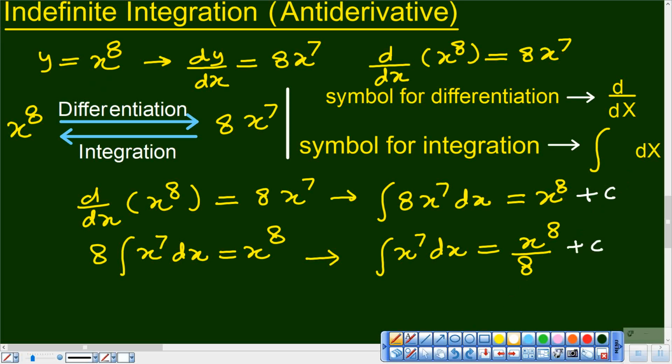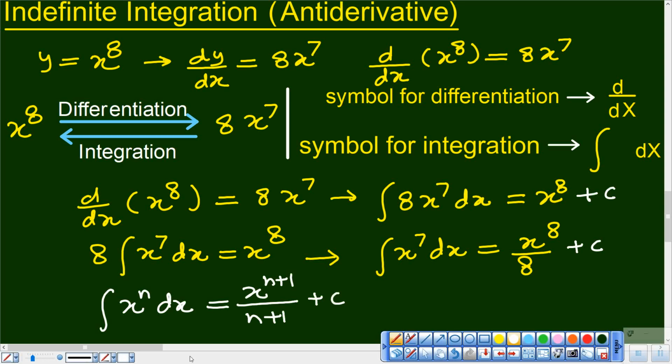Now, let me give you a general formula. There are many, but this is one of the general formulas. Integral x raised power n dx, where n belongs to real numbers, may not be a natural number, is equal to x raised power n plus 1 upon n plus 1, and of course plus integration constant.